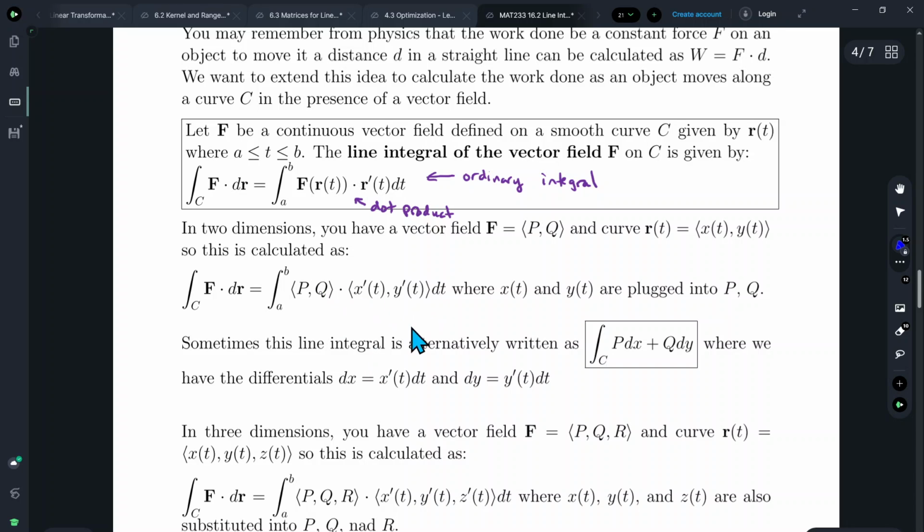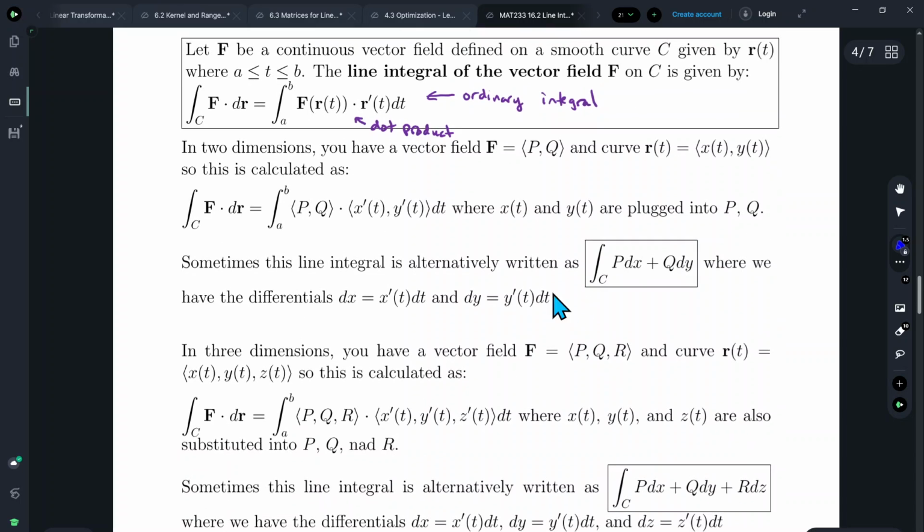Then you just replace x prime dt with the differential dx, and y prime dt with the differential dy, and you get exactly this expression here. So these two things are equivalent, and sometimes it's written one way, sometimes the other.